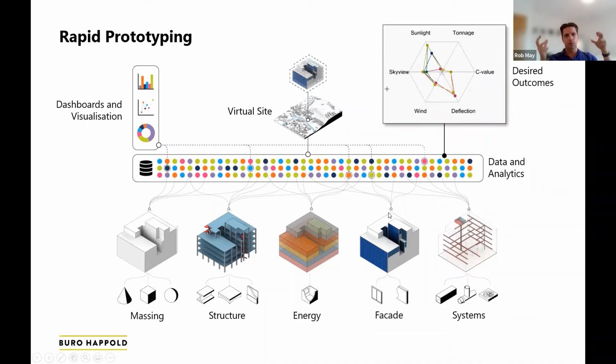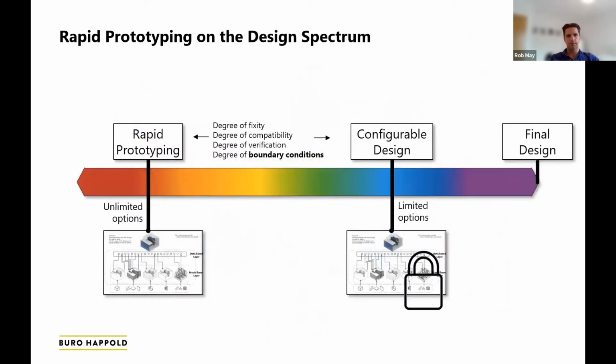We plug those all into a database and effectively connect these different outcomes together and allow each one to influence the other, in order to get the best outcome for the project and to optimize this diagram so that we're close to the outside and balanced across all of those objectives.